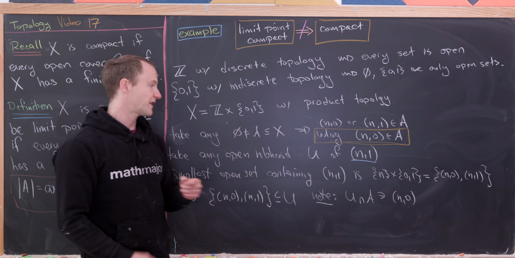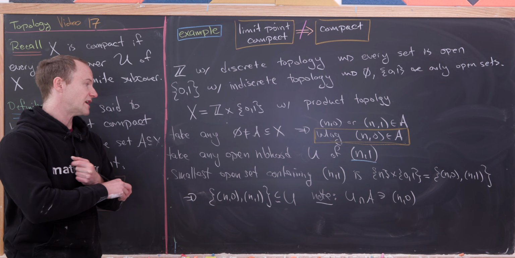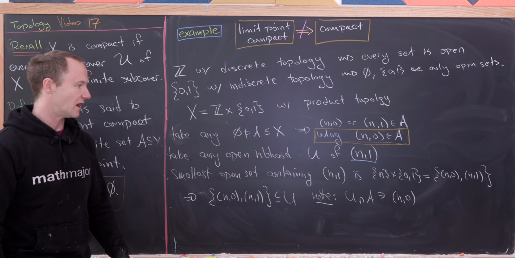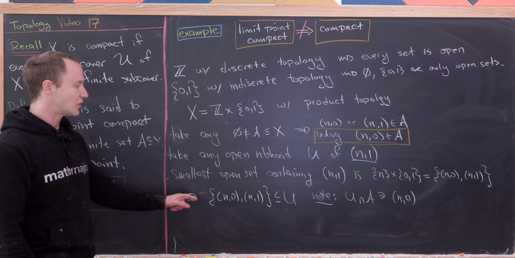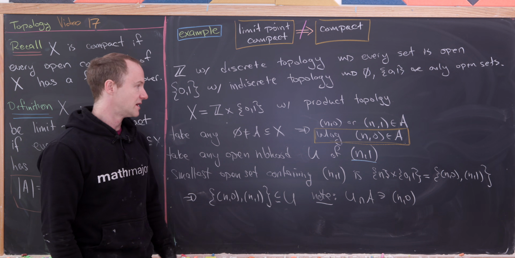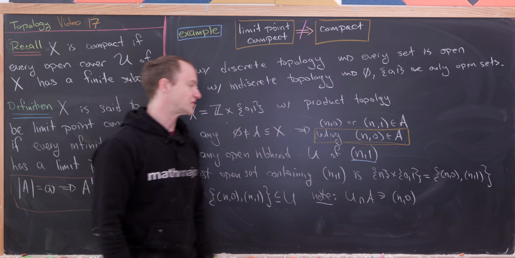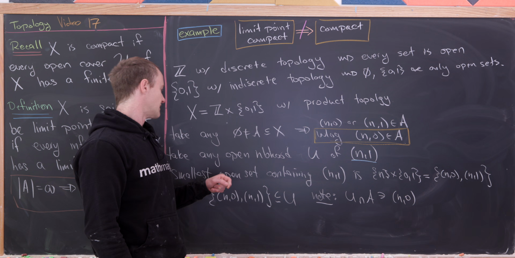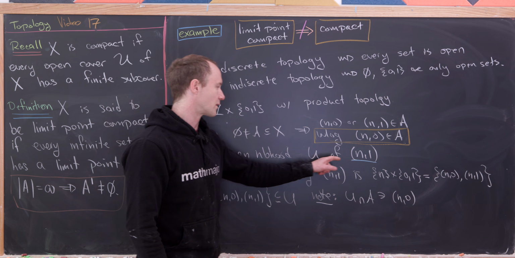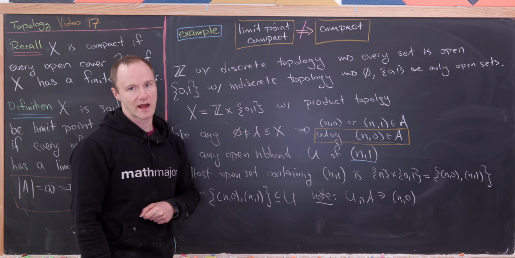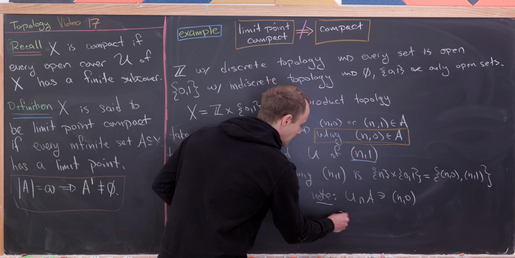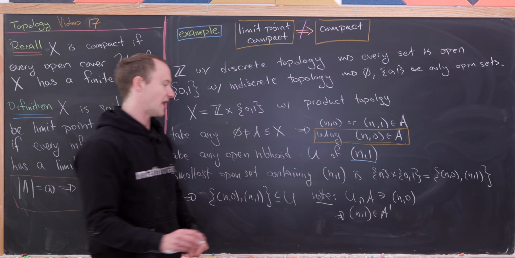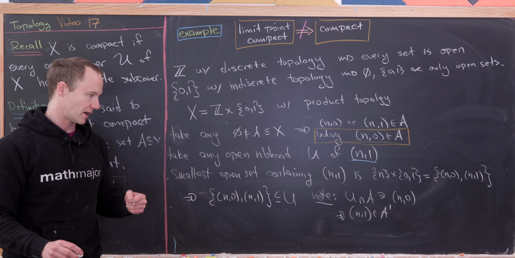Well, we started with an element of A. We took an arbitrary open neighborhood of the companion of this element, and we showed that that open neighborhood contains our original element. But notice it contains our original element, which is not what we're forming the open neighborhood around. But that means that (n, 1) is a limit point of A. So in other words, it's in A prime.